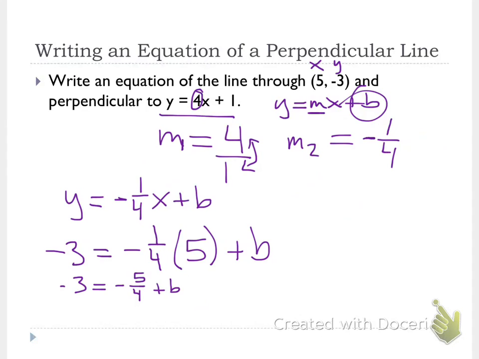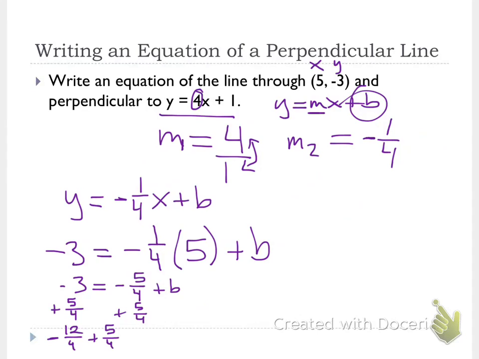Well, how do we get rid of this negative 5 over 4? We add it. Plus 5 over 4 to both sides. Now I'm going to switch the negative 3 to an improper fraction with the denominator of 4. So 4 times 3 is 12, so it should be negative 12 over 4 plus 5 over 4.